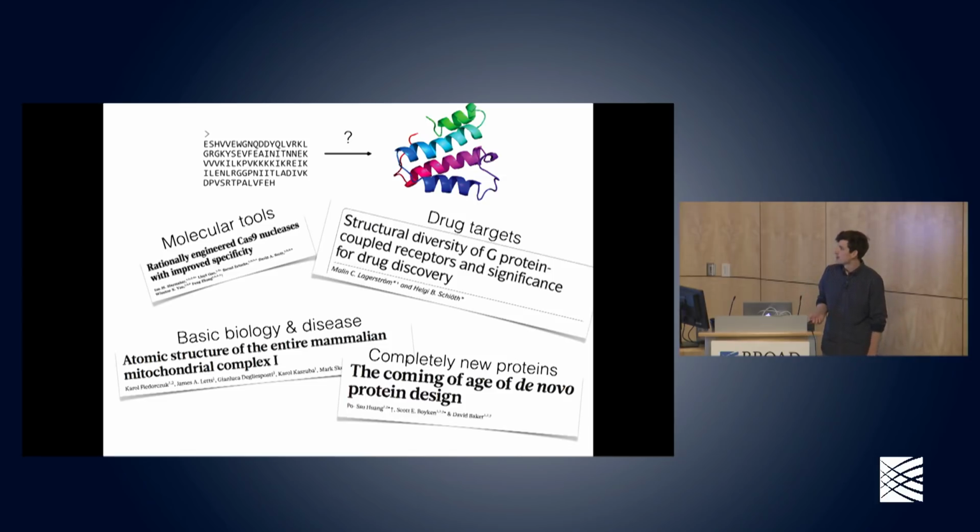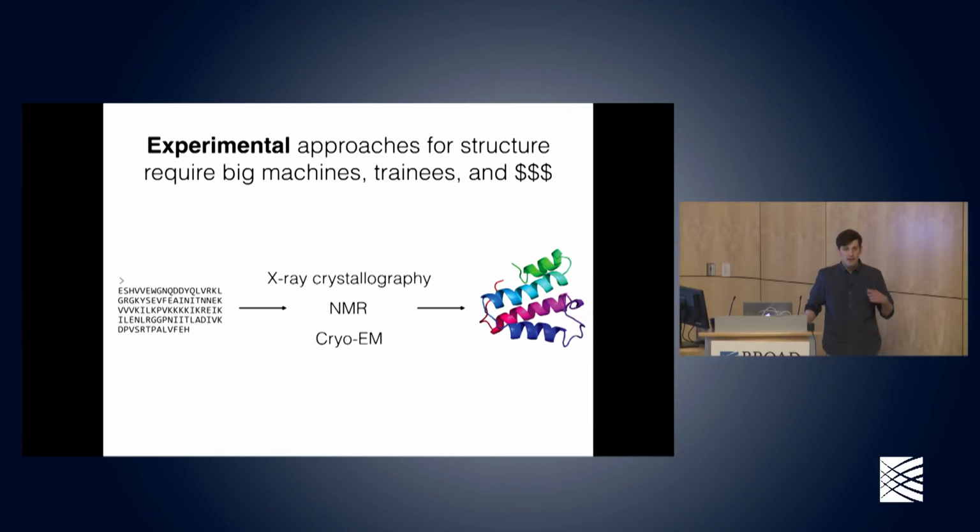And experiments are great, and they've told us almost everything we know about structure, and yet they are very expensive. So experimental approaches tend to require big machines, experts, and money. The big machines being, for instance, a synchrotron light source or an NMR spectrometer, or the easiest, cheapest version, an electron microscope.